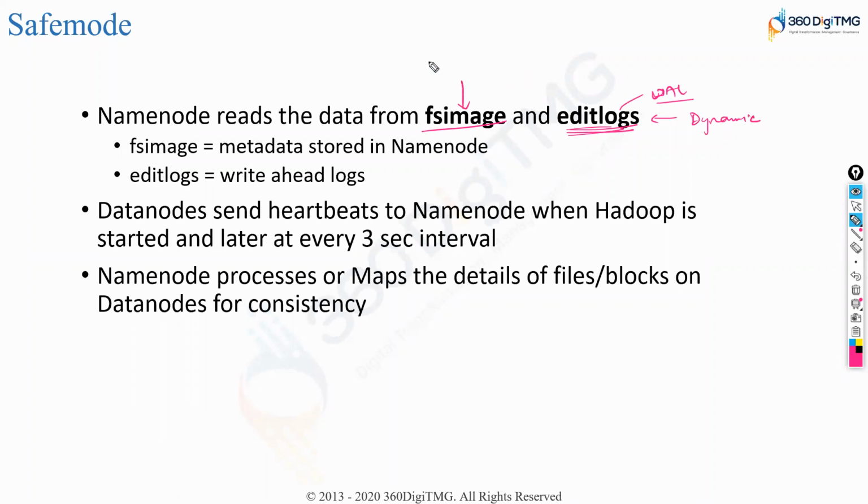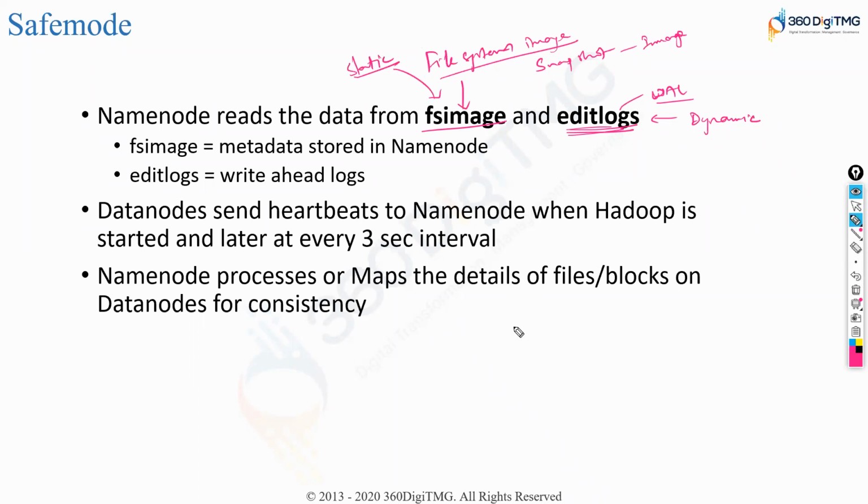FS image basically means file system image. Now, this file system image is like a snapshot, or you can say it's an image of the current condition of your system. And this is static.